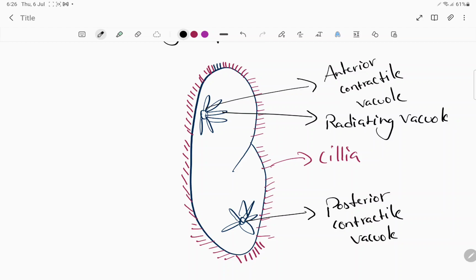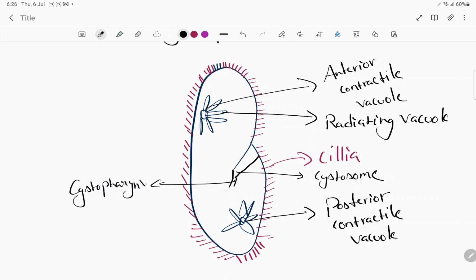This opening we call cytosome, then cytopharynx, and basal granules.